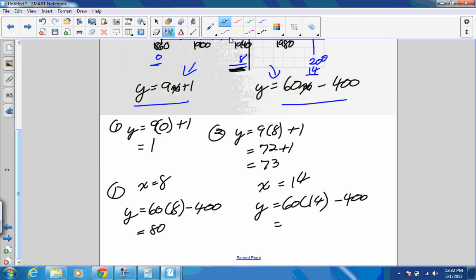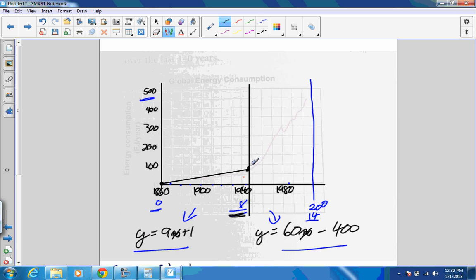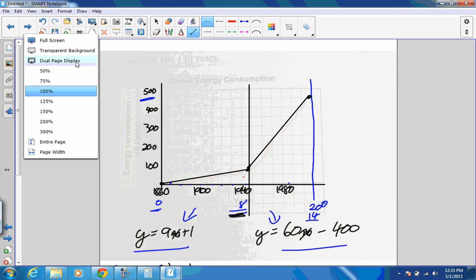So our two y coordinates are 80 and 440. 80 is somewhere here, and 440 is probably around there. Both of our models are pretty decent fits. The two estimates we made are right along the lines of what the global energy consumption was. So we did some pretty good estimating in our linear regression models for what they had before.